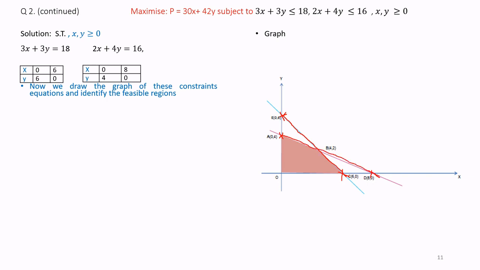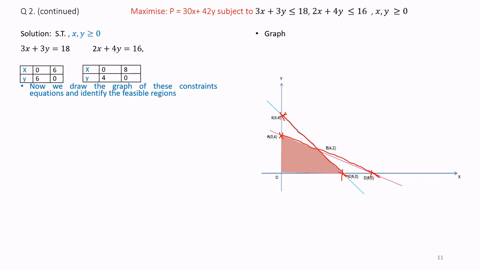Now we have to mark the feasible region. So see, 3x plus 3y should be less than 18. So this constraint should be less than 18. So this is the region below this line.